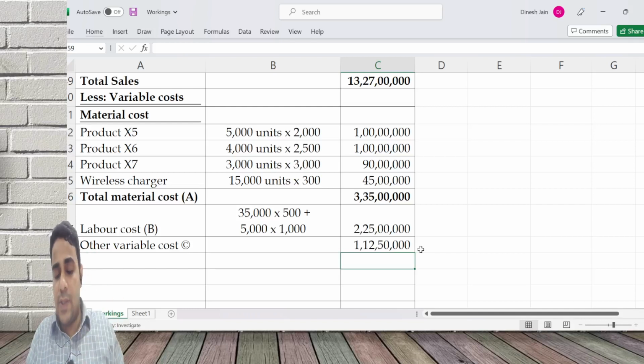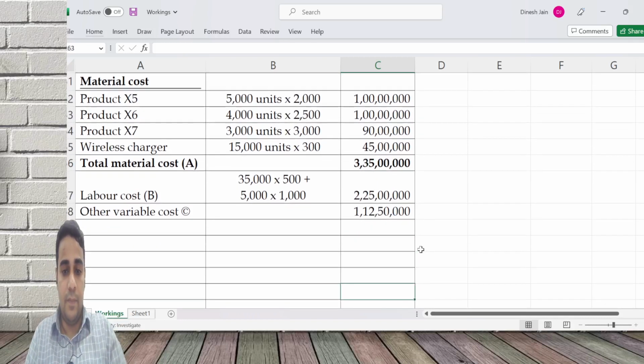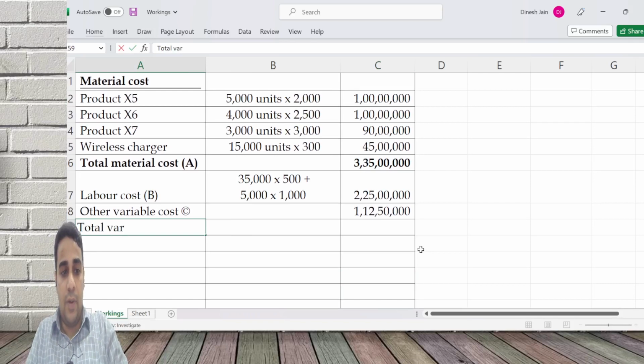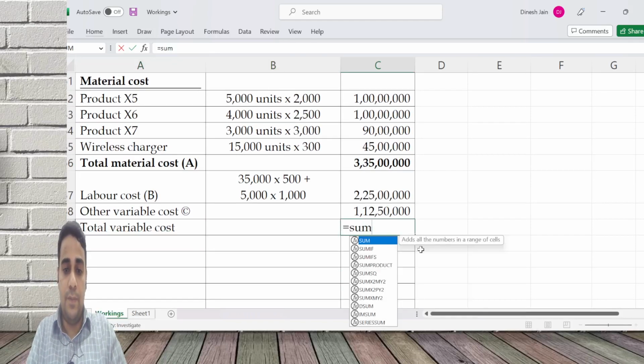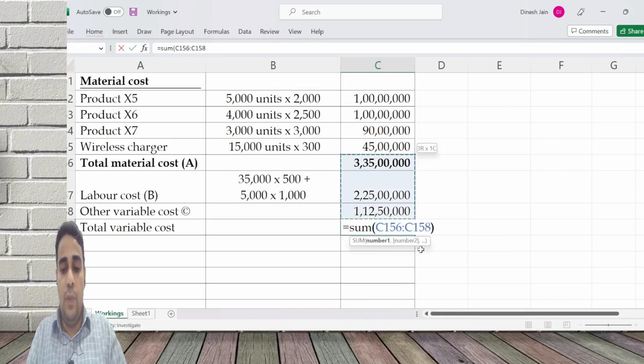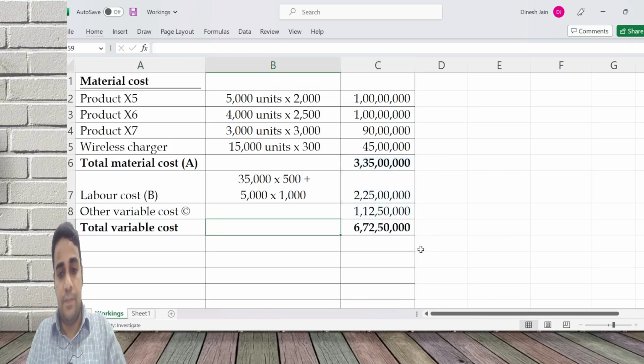Other variable cost is also together, only 50%. This will give me total variable cost. Once I subtract this, I'll get contribution.